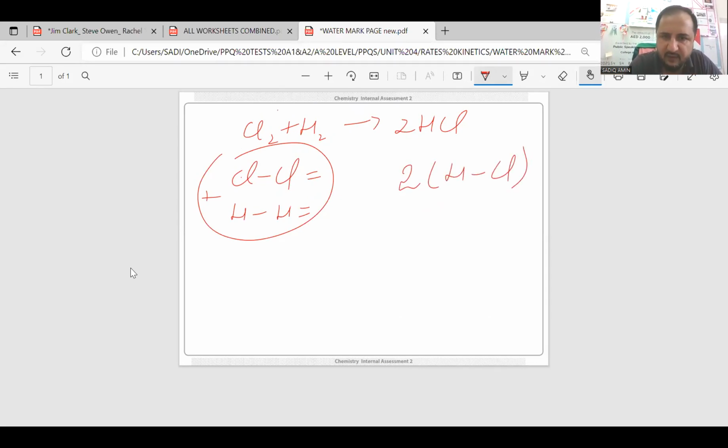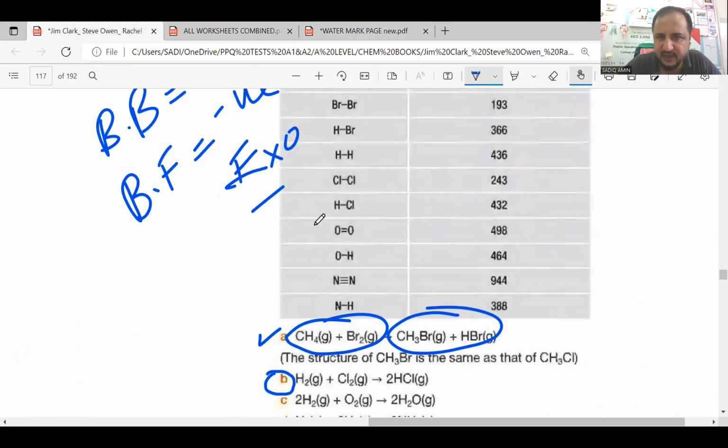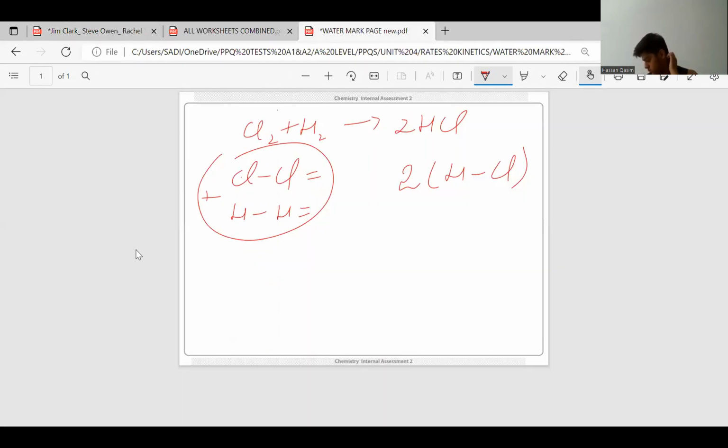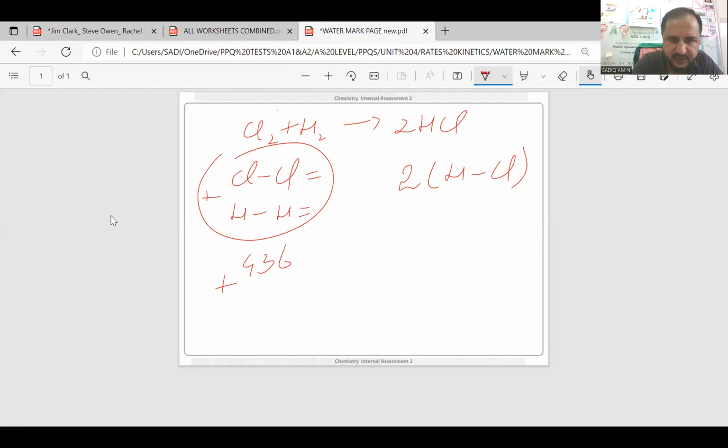I want everyone to put the values. I'm putting the values for you. First of all, the H and H relation is 436. Plus 243, and the other one is ClCl, which is 243. I'm going to add these values together.